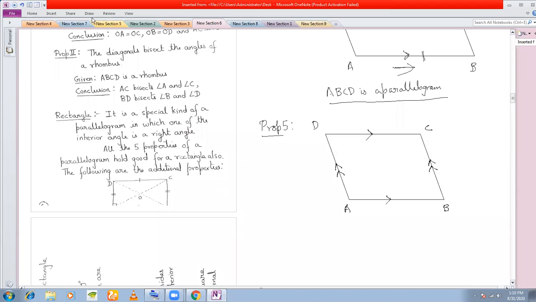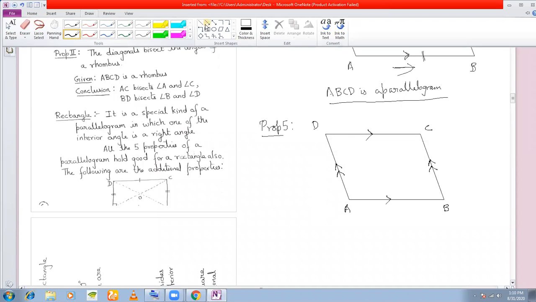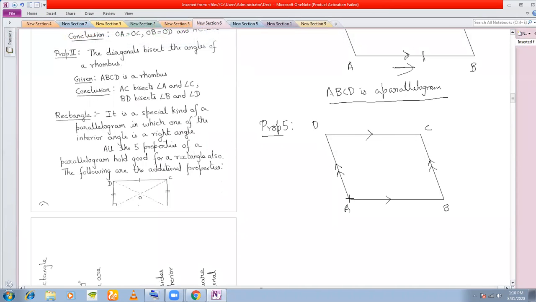And I give you the diagonals of this parallelogram such that the diagonals intersect at O.